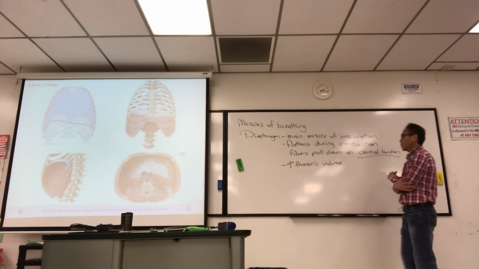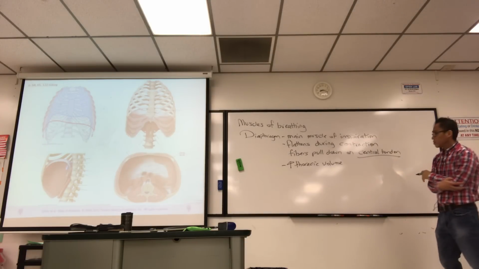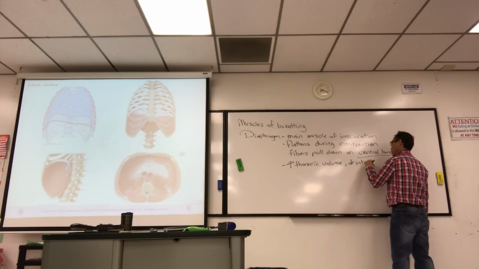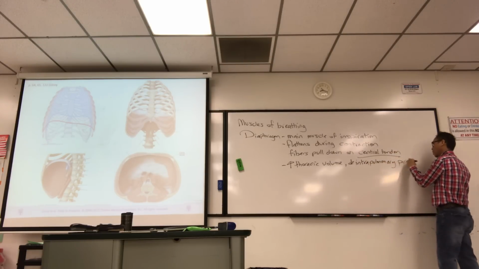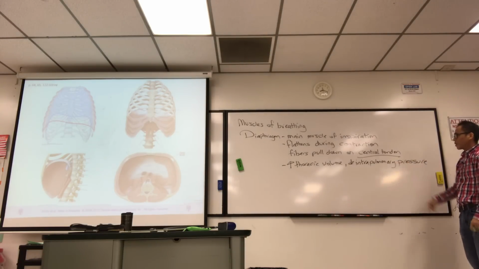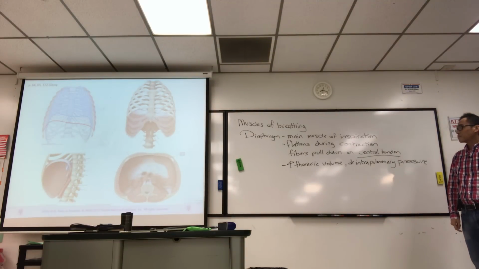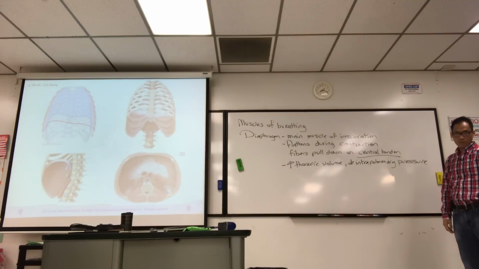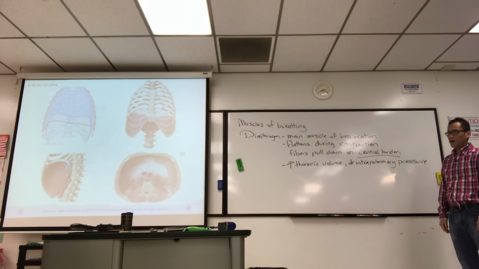That's important, because if you increase the volume, you decrease the pressure. Increase volume, decrease intrapulmonary pressure. All right, so I'll get into more of that later. That's the main thing of how you breathe. You have to change the pressure inside the pulmonary spaces to draw air into it.